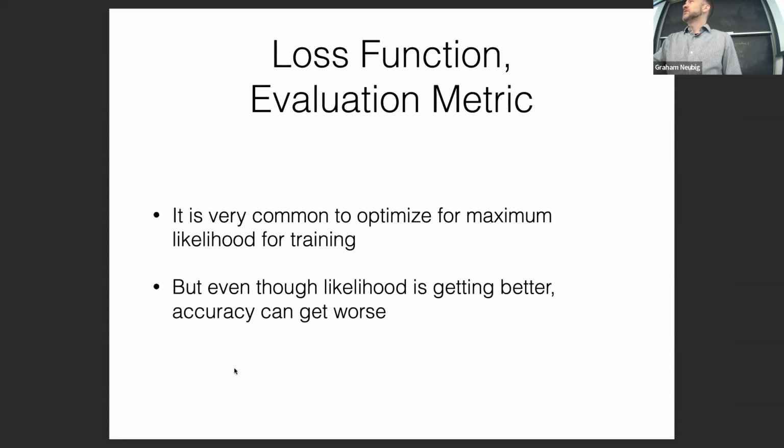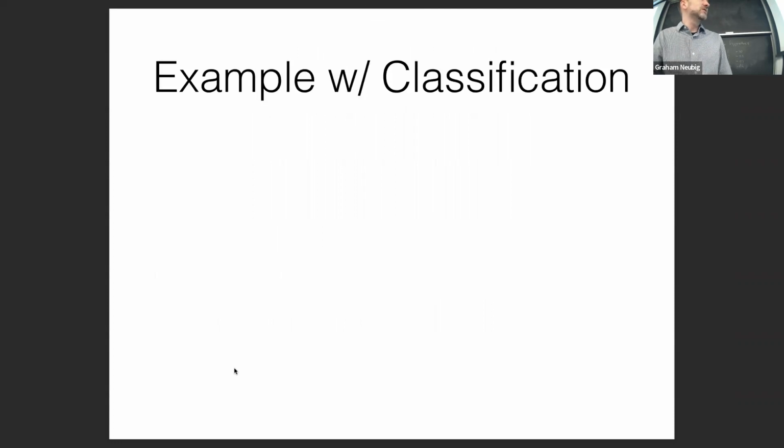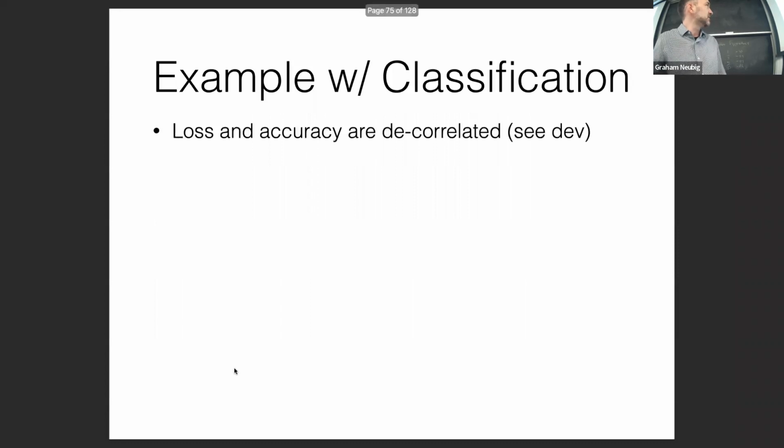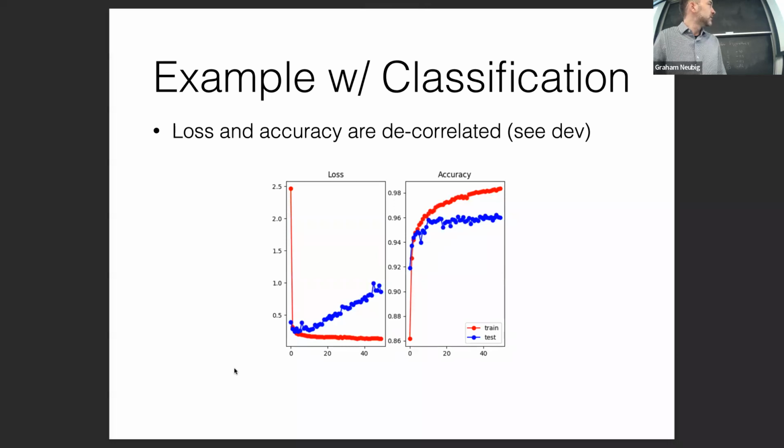So how common is this, or how easy is it to reproduce this problem? To do this, I trained a simple feed-forward neural network on MNIST, which is an extremely simple digit classification data set. If we look at the test loss and the accuracy, we can see the training loss is converging.